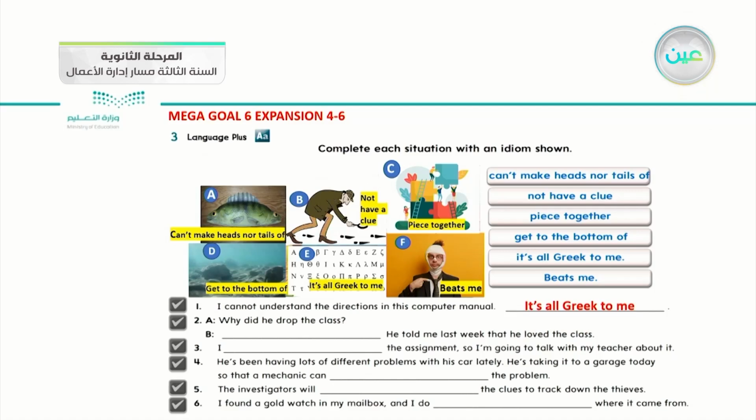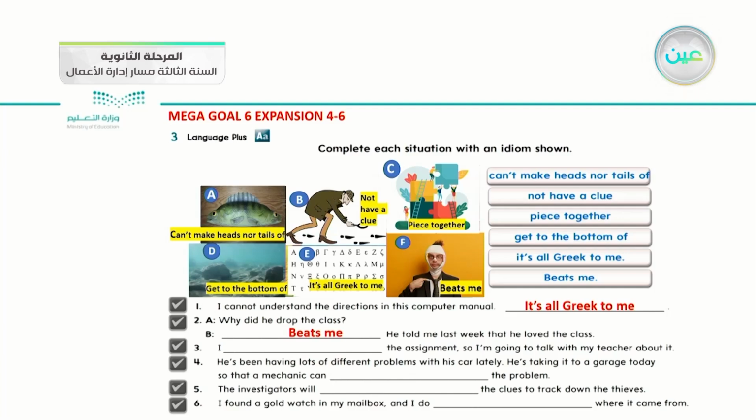Okay, number 2. Why did he drop the class? What is the suitable answer with it? They give a space. Then he told me last week that he loved the class. He told me last week that he loved the class, which means that the suitable one with it is pets me, which means he didn't like that class.